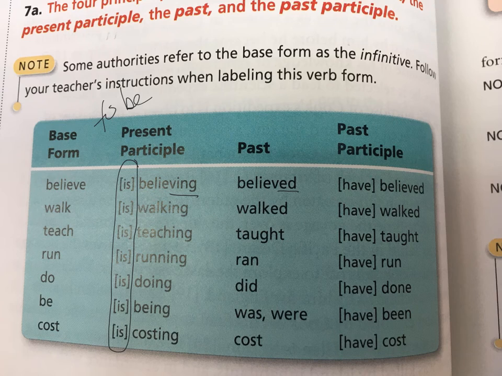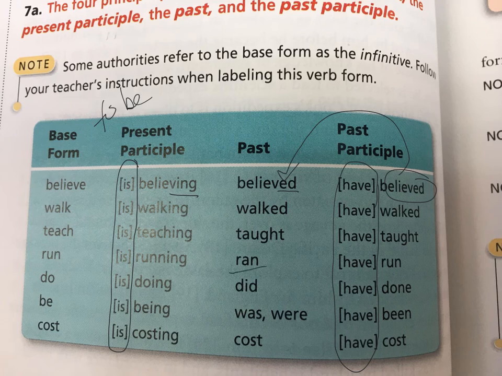It does not have a helping verb. The past participle has to have some form of the helping verb to have. If it is a regular verb, the past participle will be the same as the past. However, we will be working with irregular verbs.